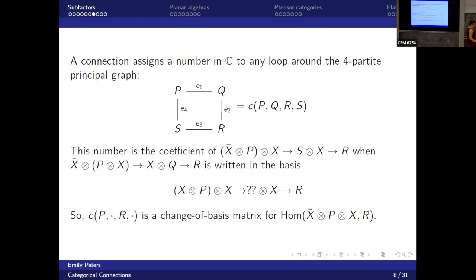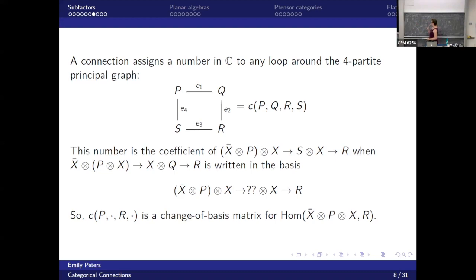Even though I haven't defined tensor categories, I'm going to draw a tensor categorical diagram here. We start with P and we tensor with x on one side and x bar on the other side. There are two different ways we could associate this. We could do this and then this, or we could do it in the other order, like this, and end up here.